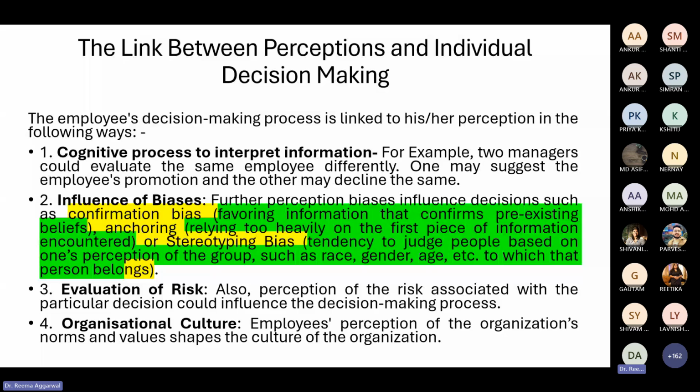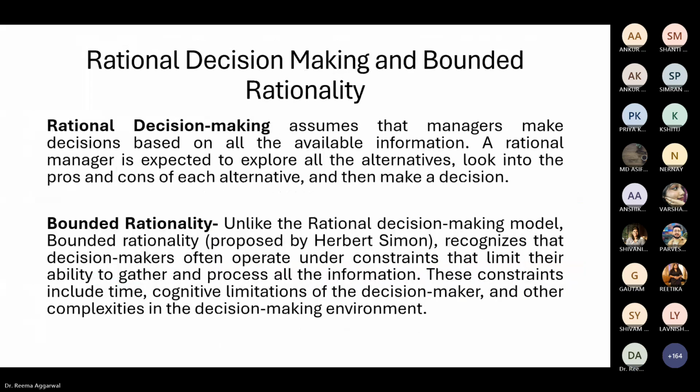That means employees' perception of the organization's norms and values is also going to shape the culture of the organization. If everyone in the organization feels that top leaders are not listening to them, that it is an autocratic type of leadership, then that perception will be carried throughout the organization, right?